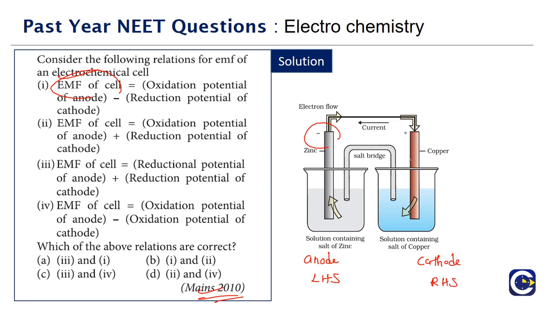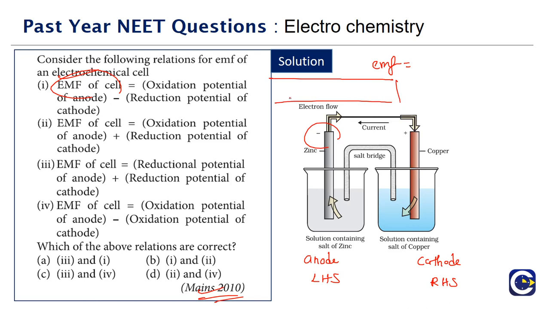So this is a typical electrochemical cell. Now for the electrochemical cell, the cell EMF value we can find either by using the reduction potential values or by using the oxidation potential values. Not to confuse between reduction potential and oxidation potential: as a standard, we now only follow one potential.